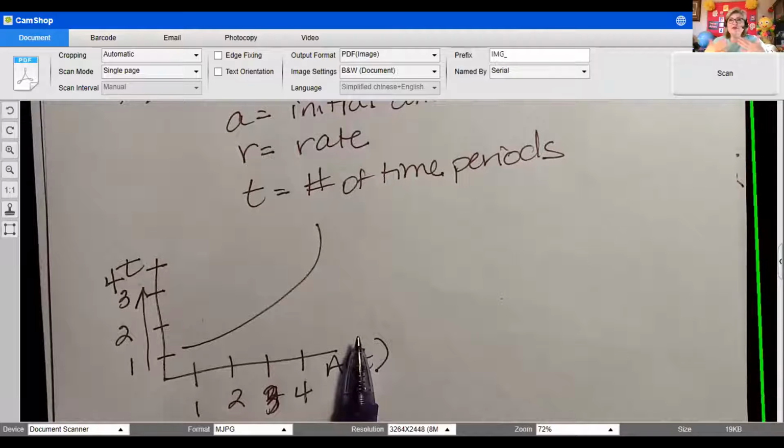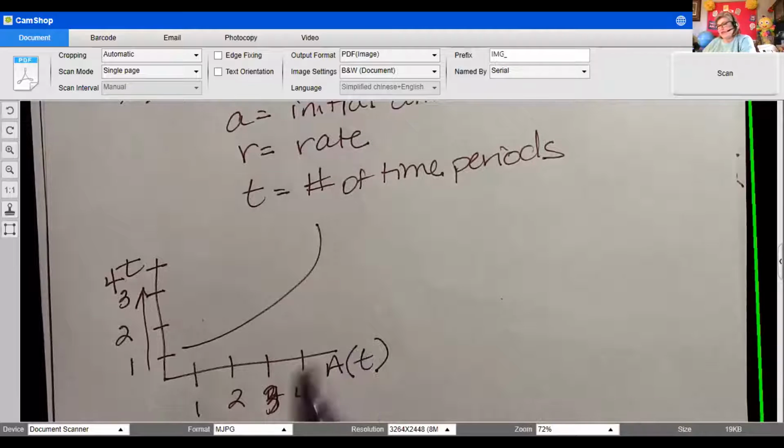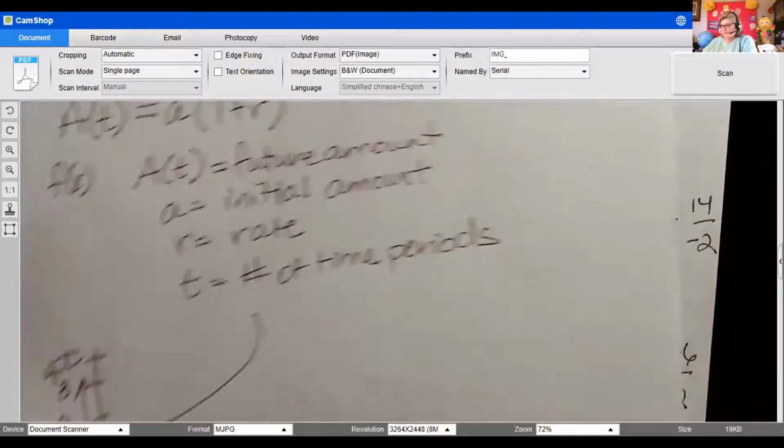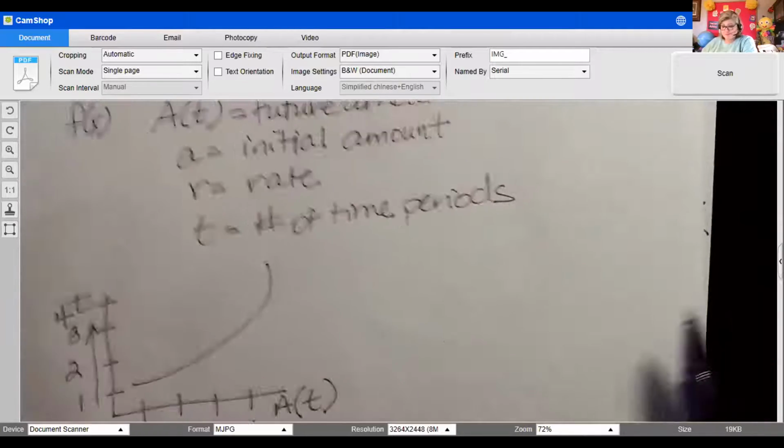And so all of this is just an application of the exponential growth models that you're learning about here as a junior or a senior in Algebra 2. I love exponential models. So that would be a growth model.